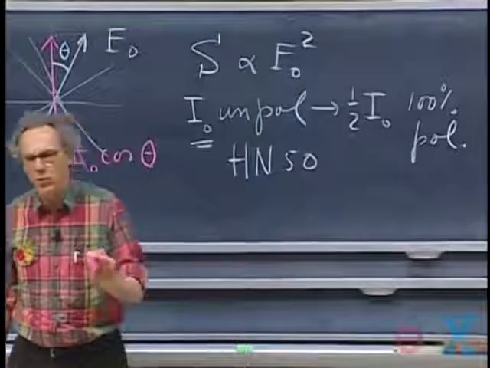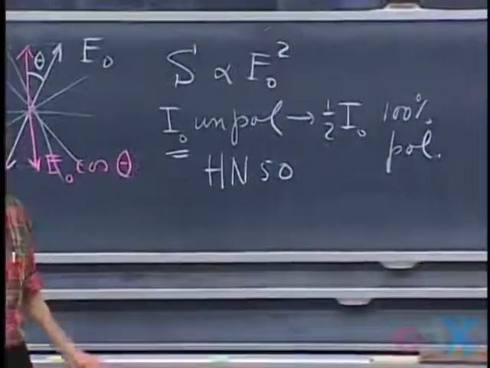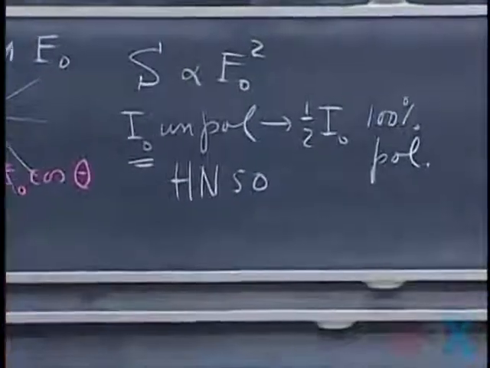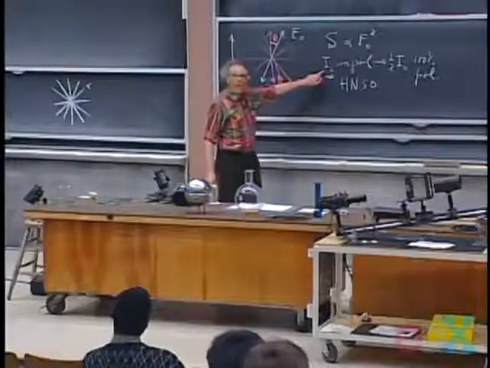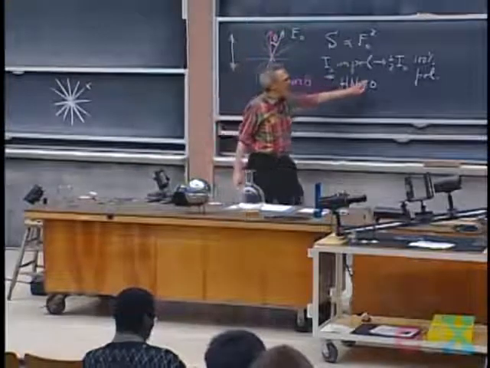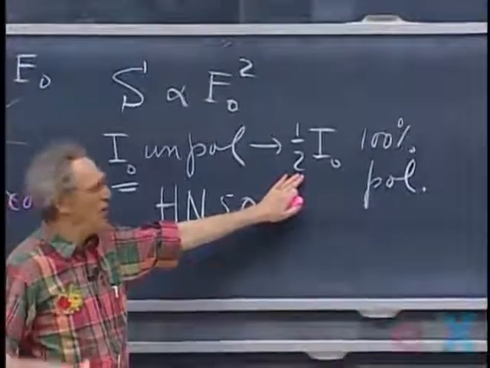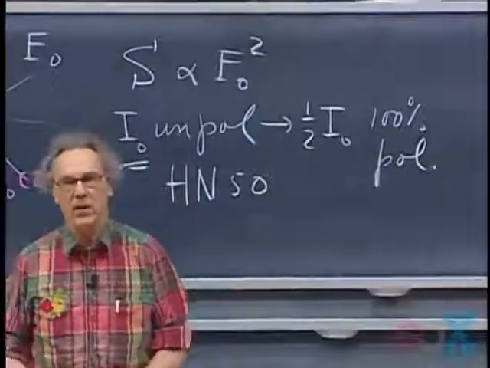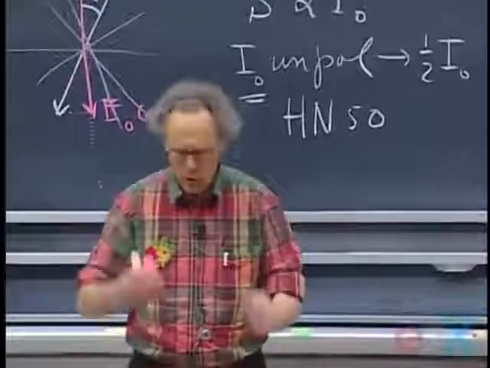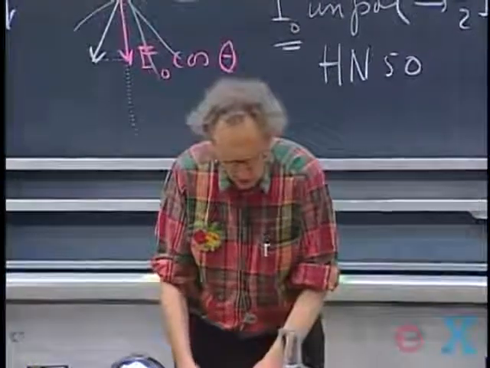I don't quite know what yours is, I didn't measure it. Yours may be an HN25 or maybe an HN30, which would then mean that the intensity of an unpolarized beam would not be half of I0, but maybe only 0.25 or 0.3. But in any case, the light that will come through your linear polarizers will be very close to 100% polarized.